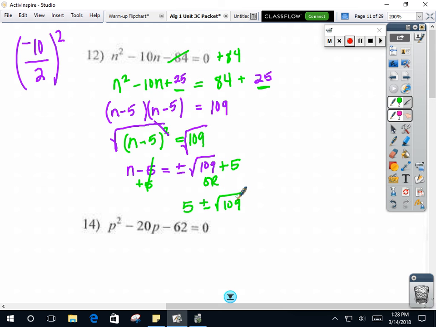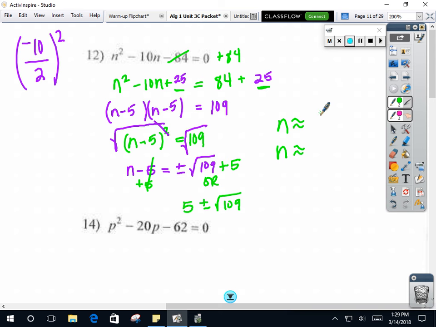But say on the test neither of your choices look like that. It may be because they literally type them in and round them. What is the square root of 109 plus 5? What did you say? I didn't hear you. Okay. So let me type it in.